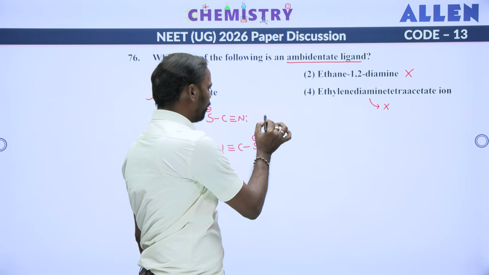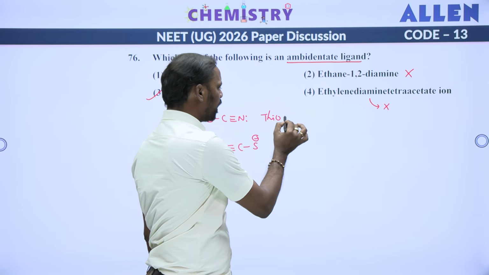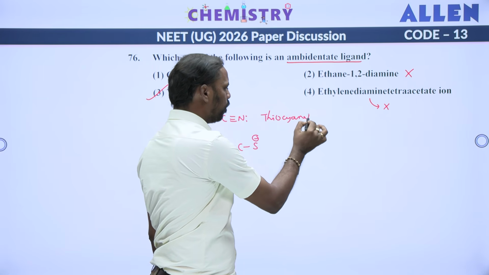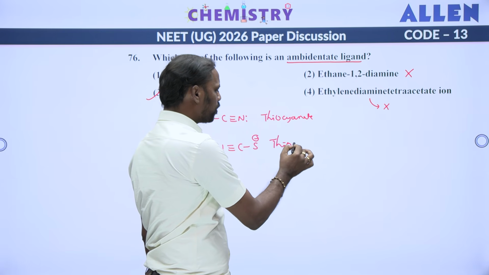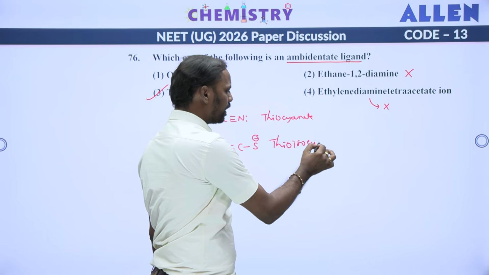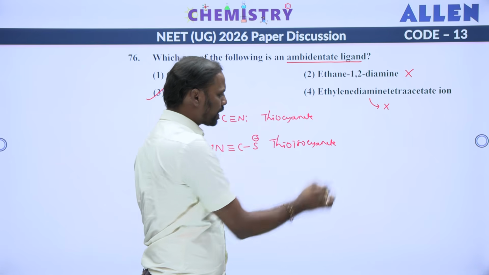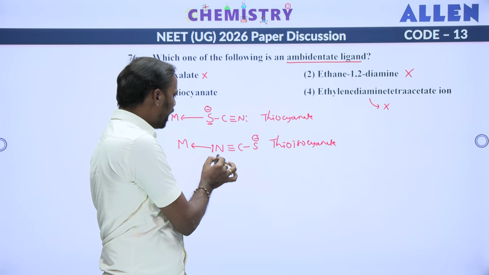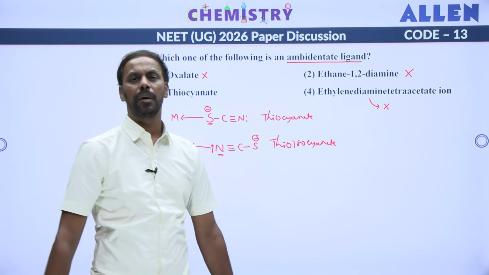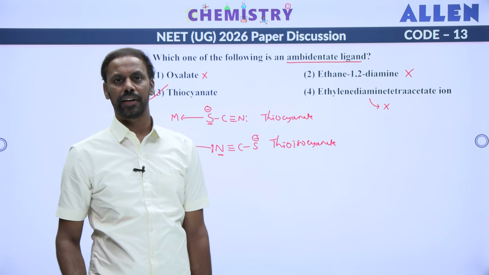When it utilizes sulfur, we call it thiocyanate, and when it utilizes nitrogen, we call it isothiocyanate. Okay. So it has two coordinating sites, but at a time only one will participate in bond formation. Clear? Right.